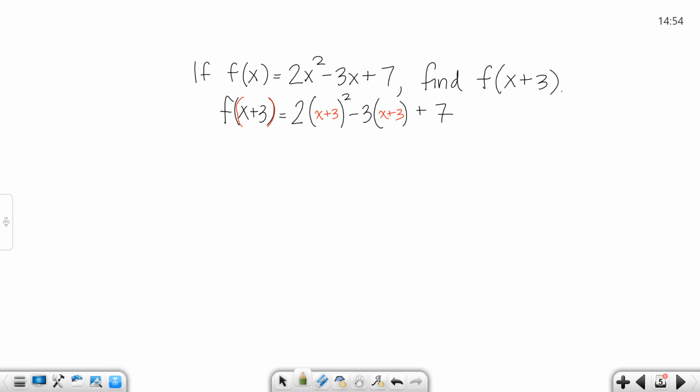Now, you have a little bit of scratch work that you need to do. See this x plus 3 squared? That's where you need to start. So I'm going to go over to the side and do this operation. X plus 3 squared means you write it twice and FOIL it out.